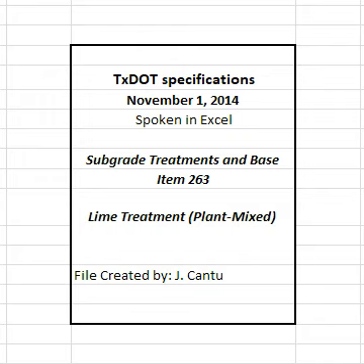6. Payment. The work performed and materials furnished in accordance with this item and measured as provided under measurement will be paid for at the unit price bid for lime treatment, plant mixed, of the flexible base type, grade, and thickness, for square yard measurement, specified. For cubic yard measurement, in vehicle or final position will be specified.